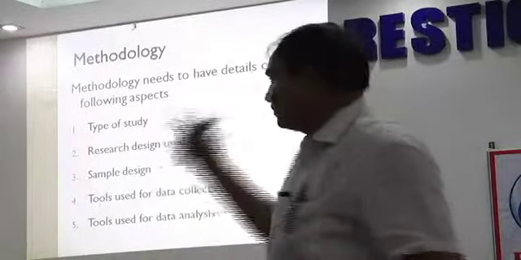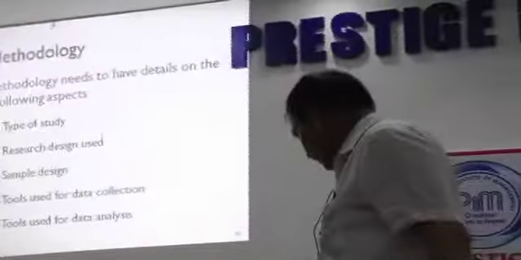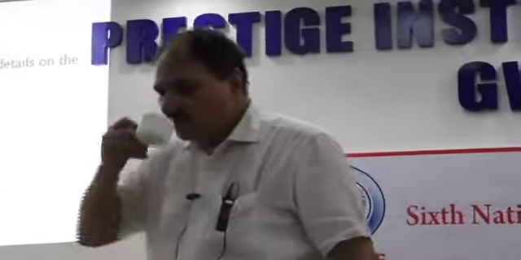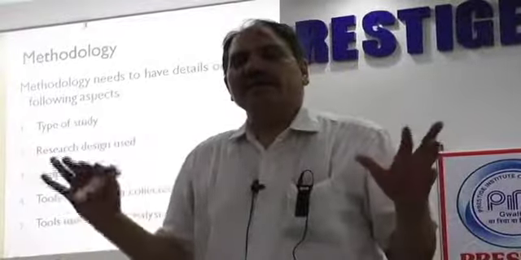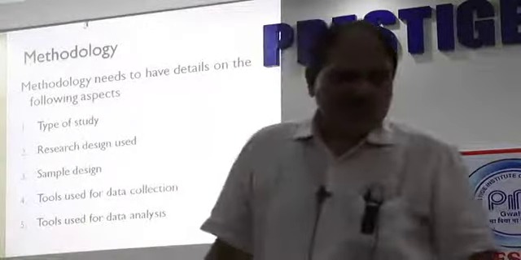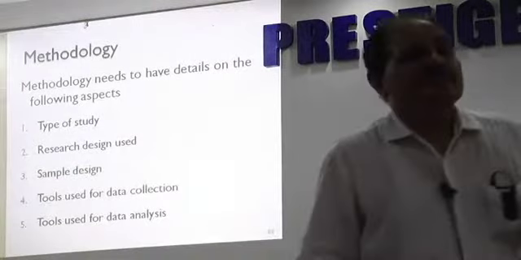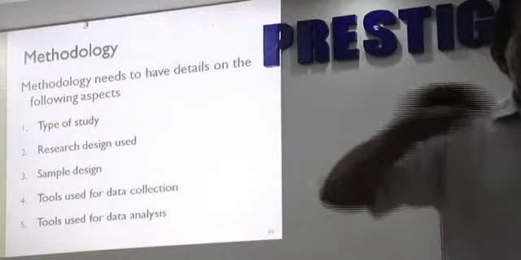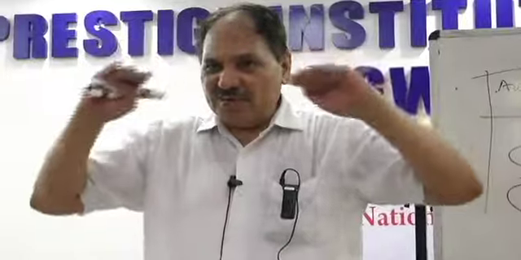Okay, next part is research design. Now, under research design, first you will be talking about whether it's a time series study or a study done at a given point in time.